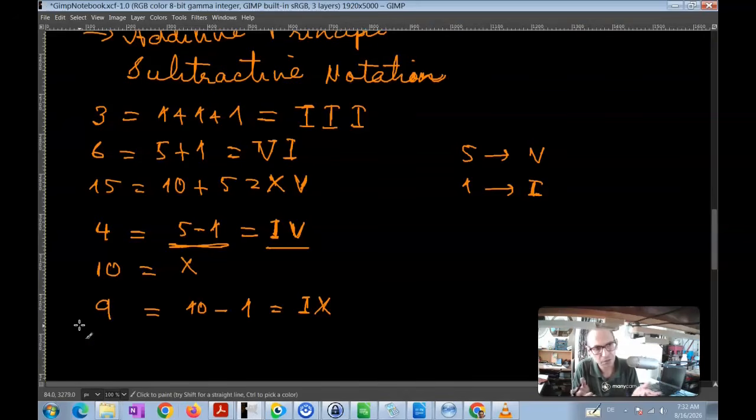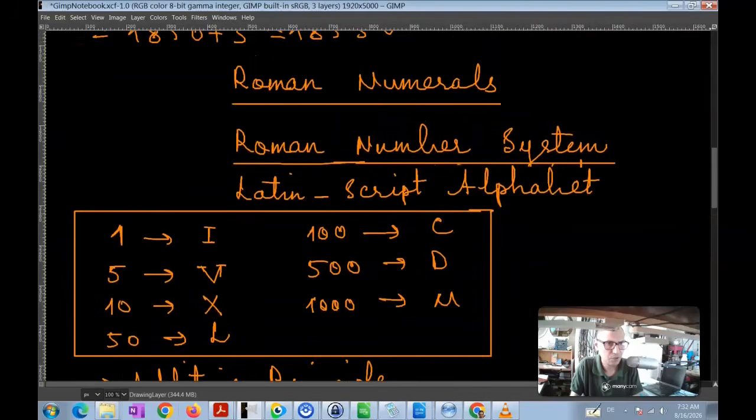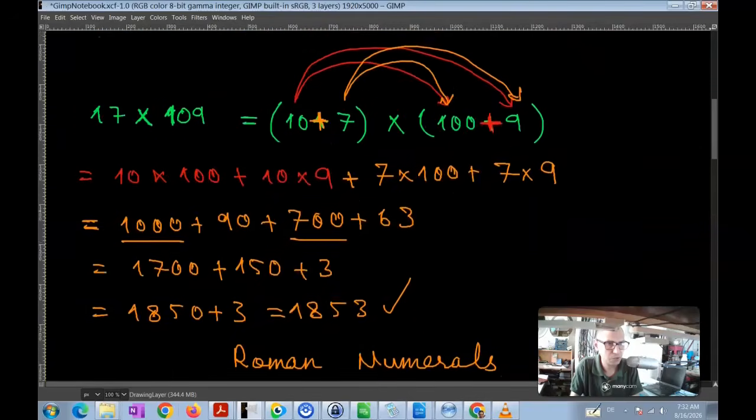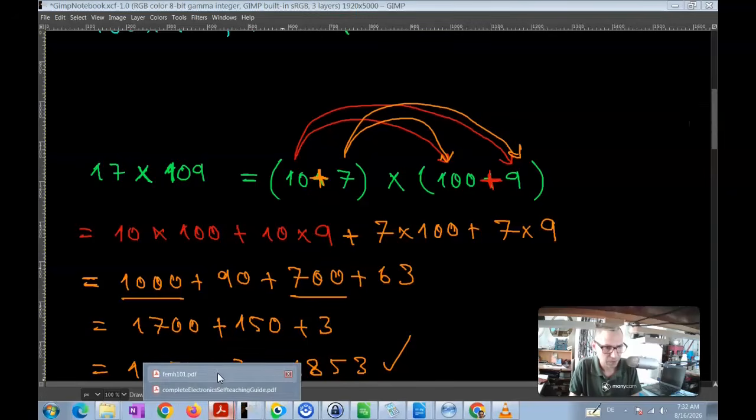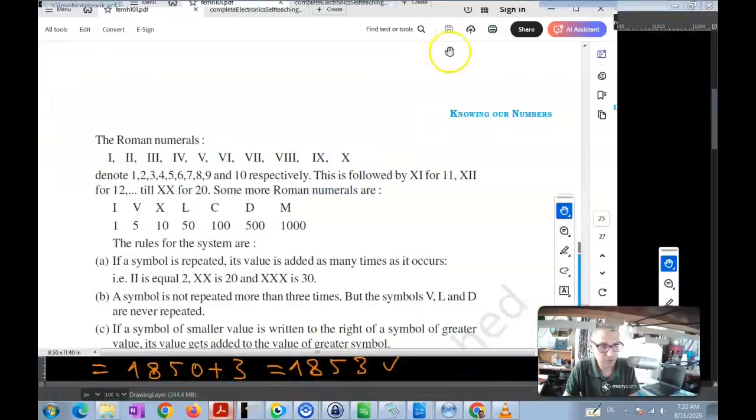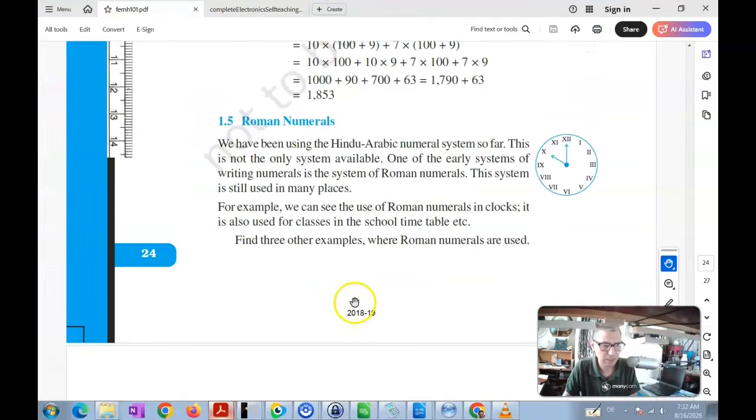That's how the whole system works. And in the exact same way, you can write all the numbers that you want to write over here. And so that's this system. Now let's go through this text.